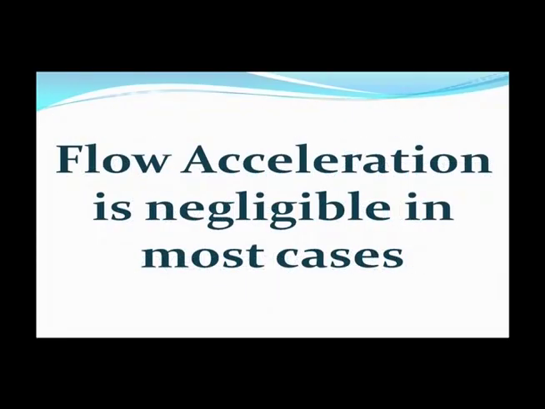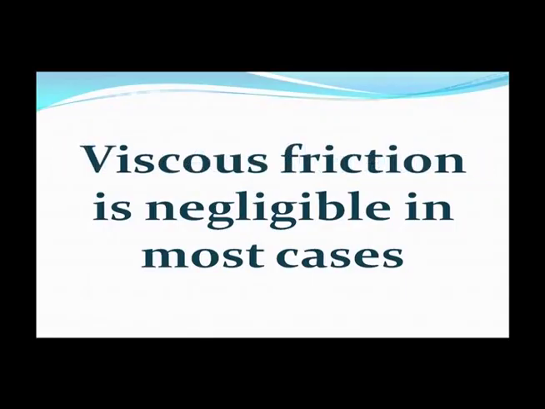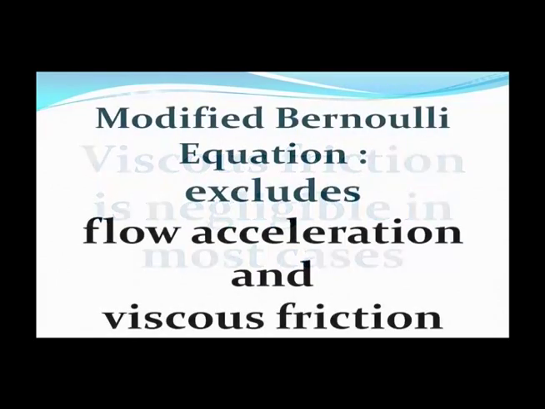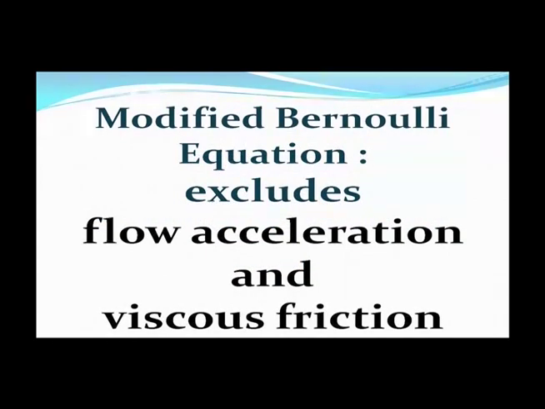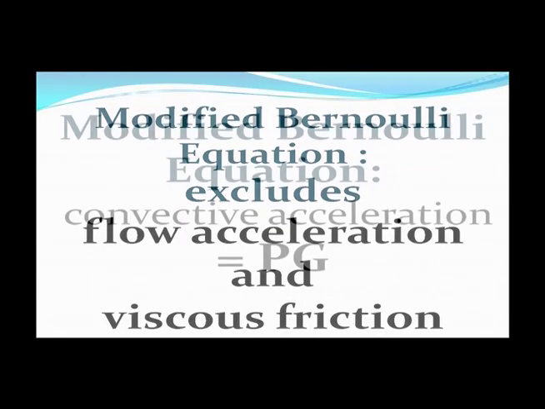Flow acceleration is negligible in most cardiac diseases. Viscous friction, in this case the normal viscosity of the patient's blood, in most cases is also negligible. Therefore, flow acceleration and viscous friction are excluded from the equation to form a modified Bernoulli equation.